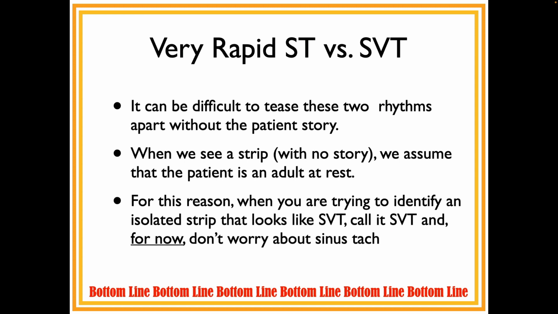Because without a story, you can't tell, so we're just going to go with SVT. Far more likely it is SVT than sinus tach. Does that make sense? Like I say, it's not a problem in this class, but I'm building this case for something you're going to have to worry about next year.